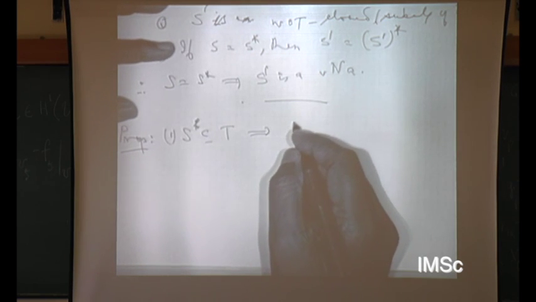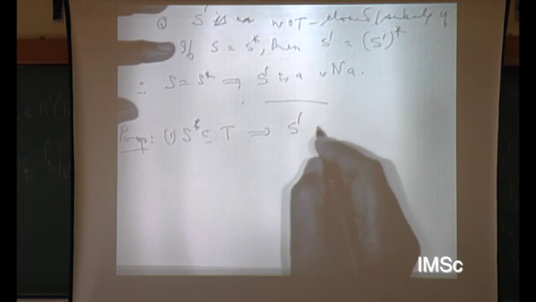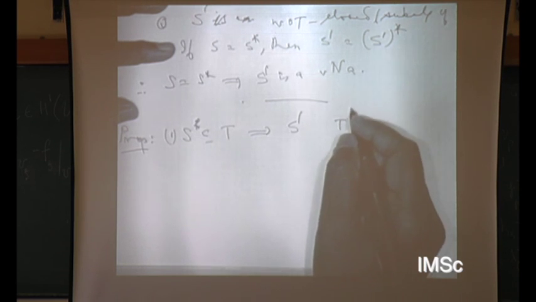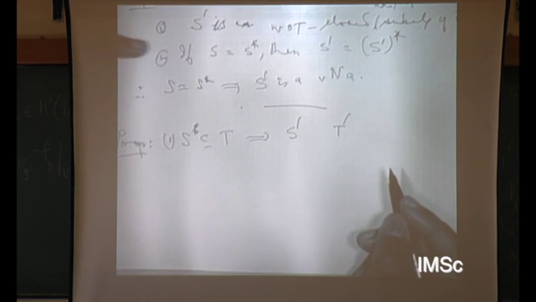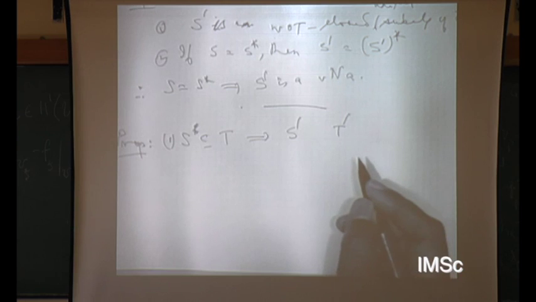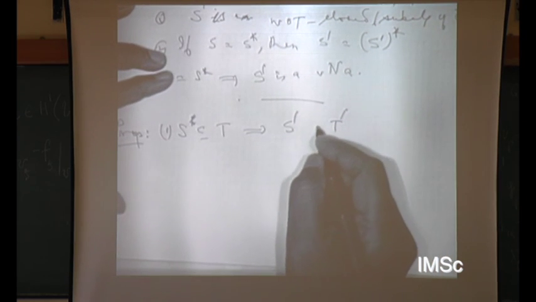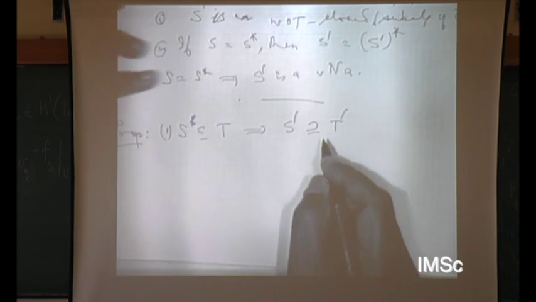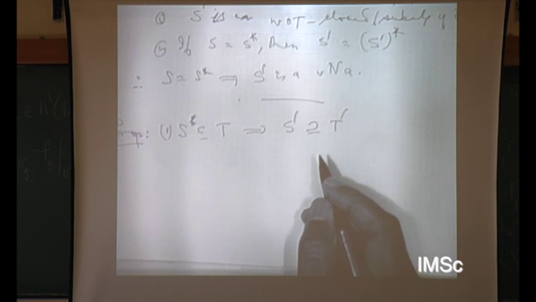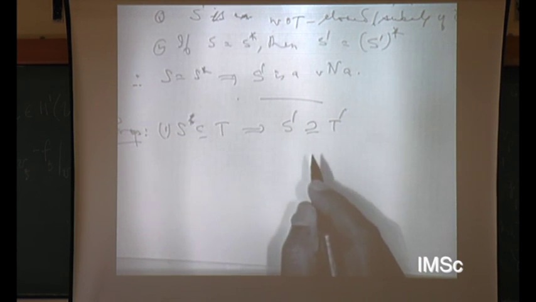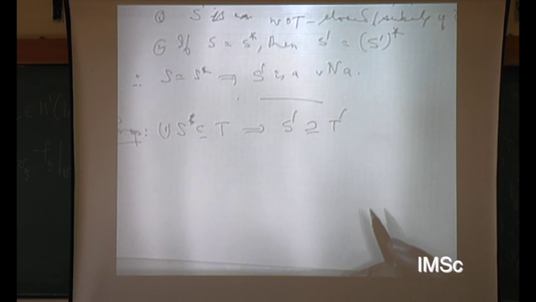Then what is the relation between the commutants? S prime contains T prime. So the inclusion will be reversed. To be in T prime, you have to commute with more things. You have to commute with everything in T and hence also with everything in S. And so T prime is contained in S prime.